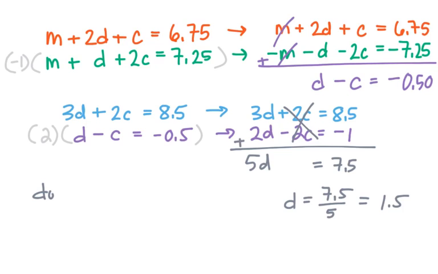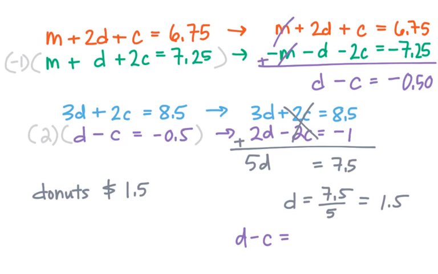That means that donuts cost $1.50. D equals 1.5. Well, we also need to know what coffee and milk cost. So I'll use one of my two equations in two variables. I'm going to look at D minus C equals -0.5.